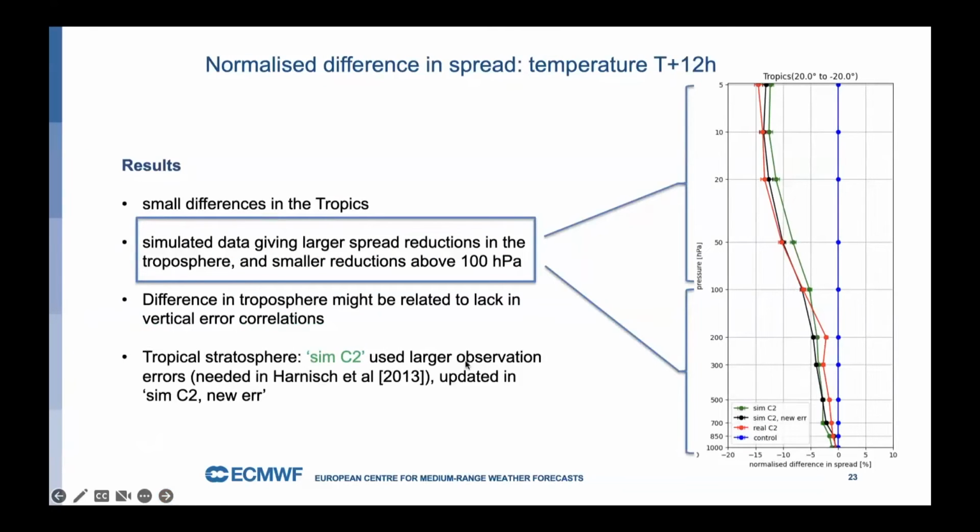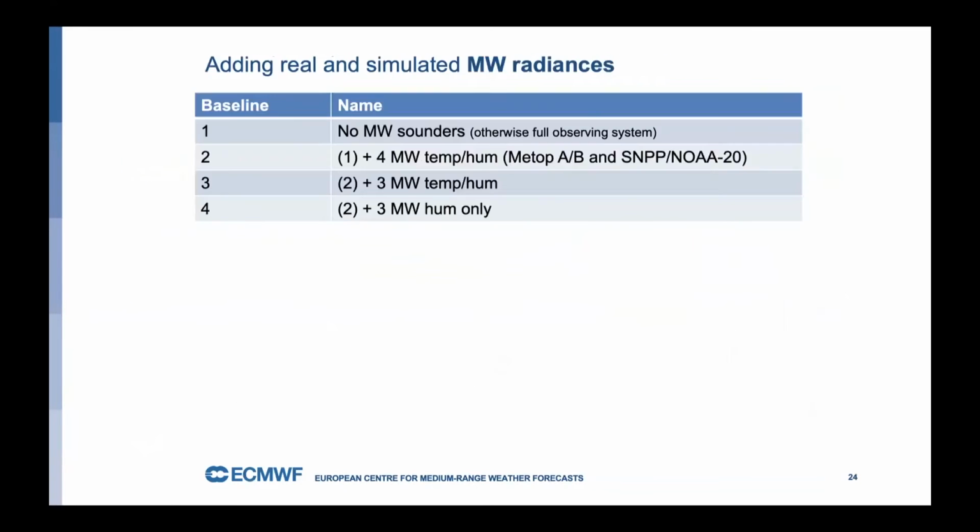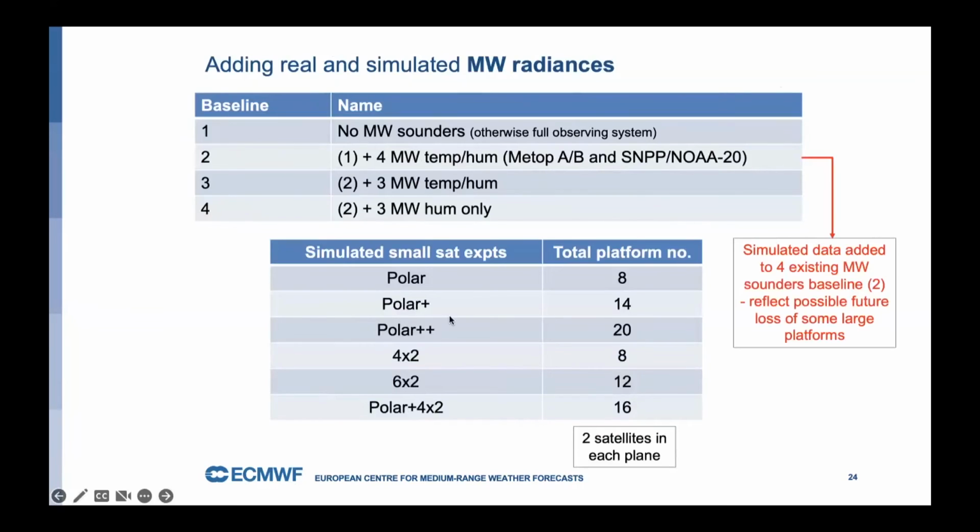So this was a really nice finding for the GNSS-RO, that we see very much comparable EDA spread reduction for simulated compared to observed data. For the microwave radiances, Katie has run EDA experiments with real, but also with simulated data, shown here in the second table.